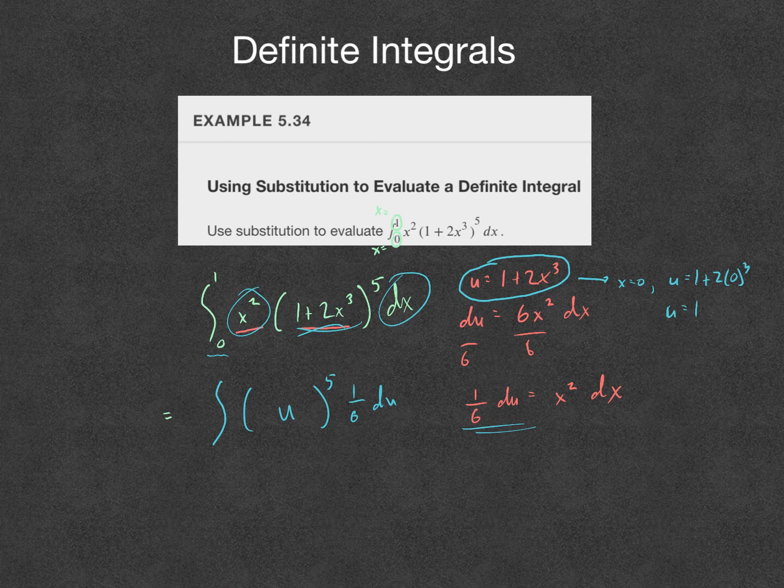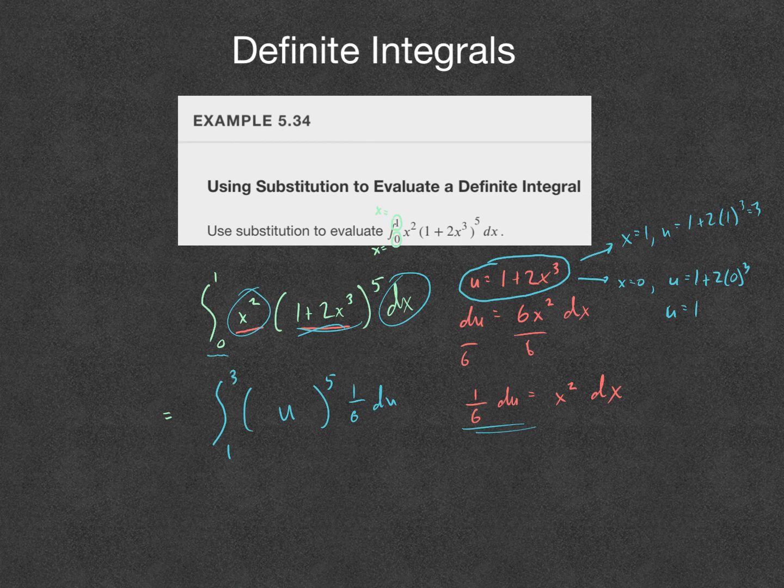That's our new u bottom bound. And then, if x is 1, the top bound, u is equal to 1 plus 2 times 1 cubed. 1 cubed times 2, add 1, you should get 3. So my new bounds, in terms of u, are from 1 to 3.